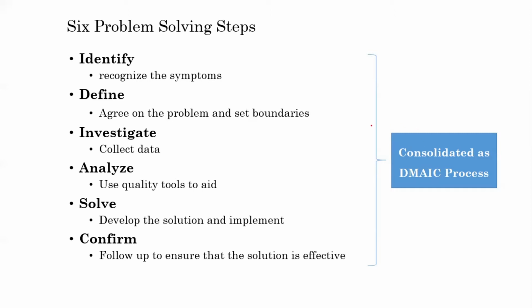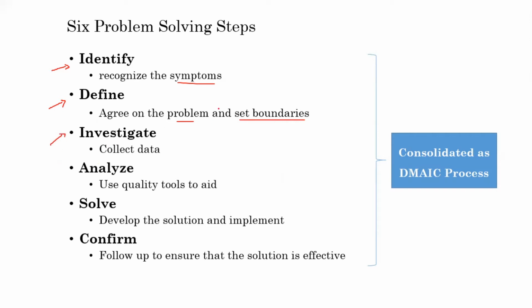So the first thing, identify what you are going to do. And in order to identify, you are going to look at symptoms within the process that are influencing the process. Then you define what you're going to do. The definition will tell you what is the problem that you are going to address and what are the boundaries within which you are going to work. So these are two important things. Then you go on to investigate.